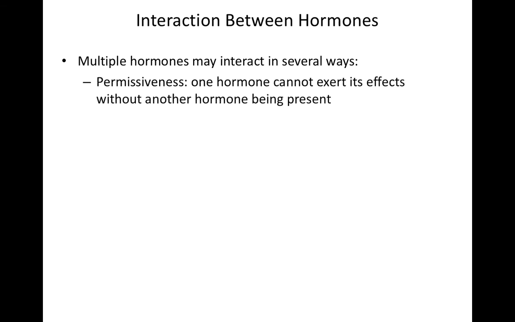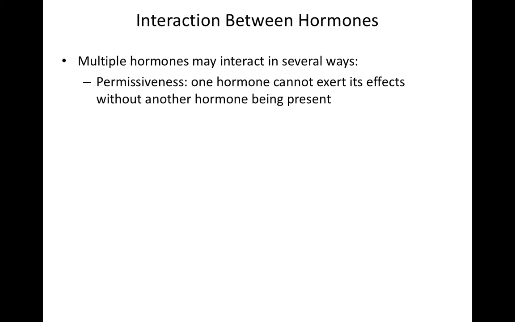Now, hormones often have interactions with other hormones. One type of interaction is what's called permissiveness, where one hormone can't really work without another one being present. Growth hormone and thyroid hormone fall into this. Growth hormone can't really work if thyroid hormone is not there.